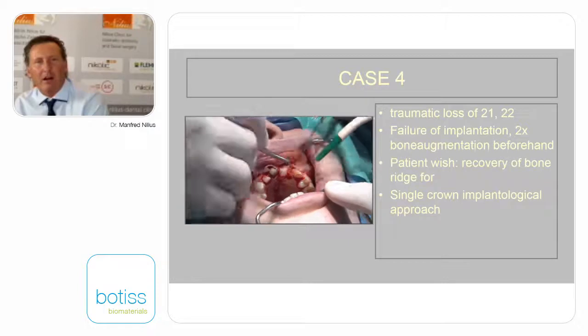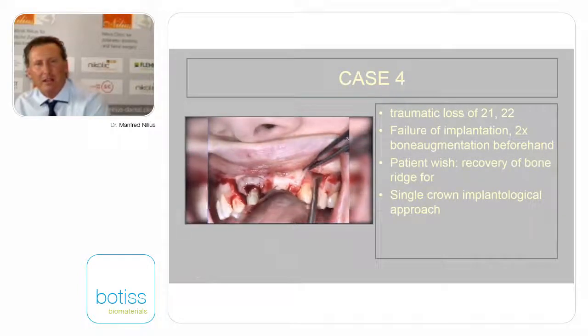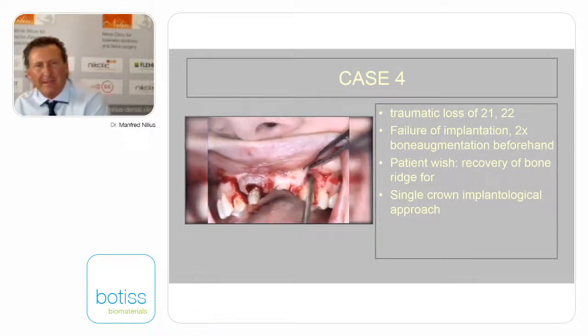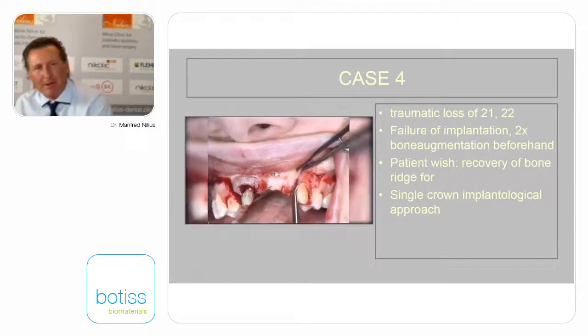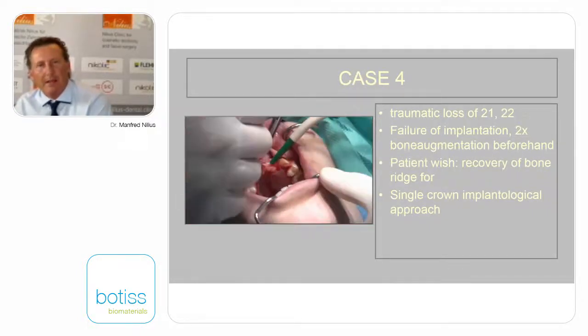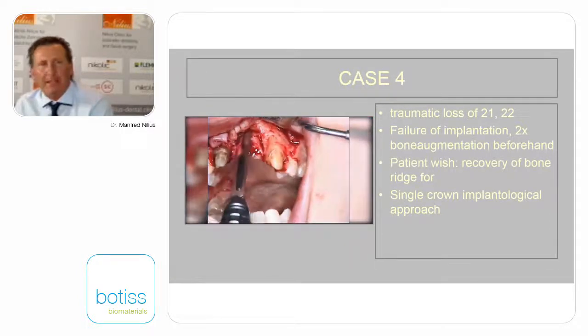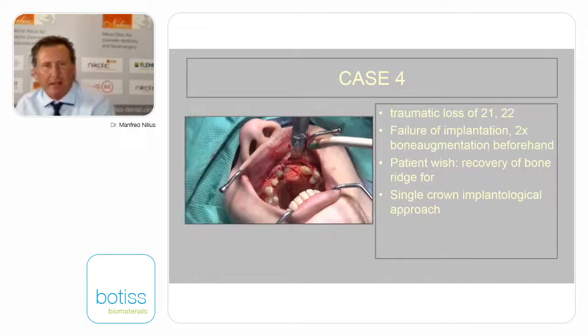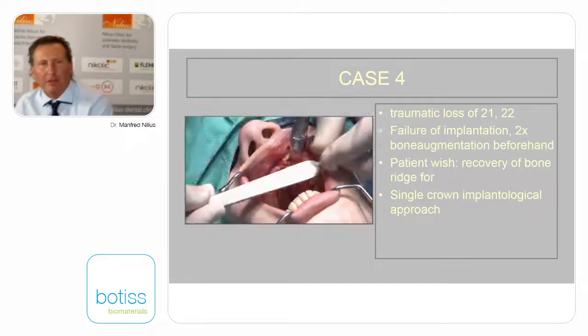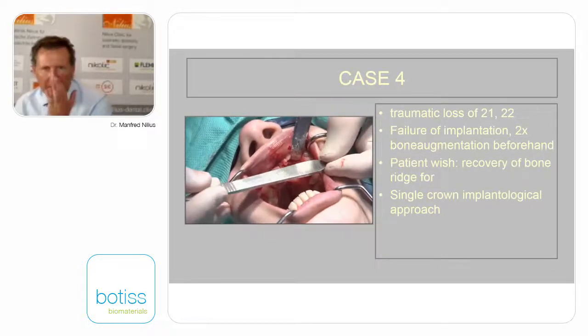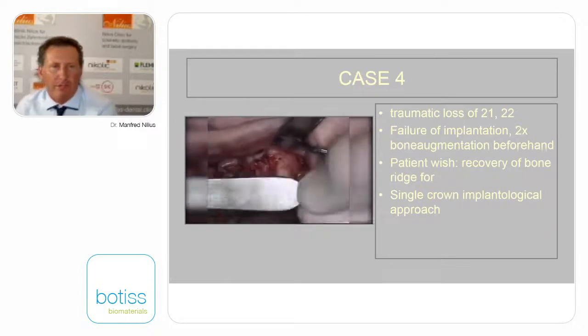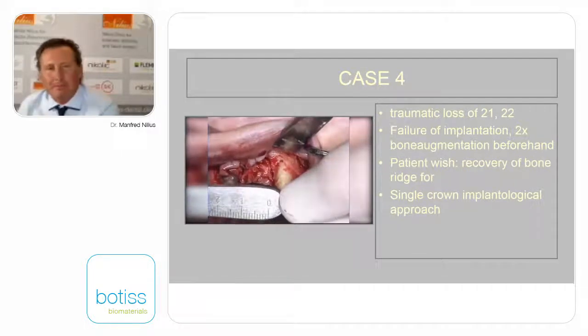It's a scar, and whenever you have scar, you have to cover it with a membrane, with titanium or with Teflon, for example. The deficit is almost 2 centimeters. As you can see, I will show you the 3D-Bonebuilder before.